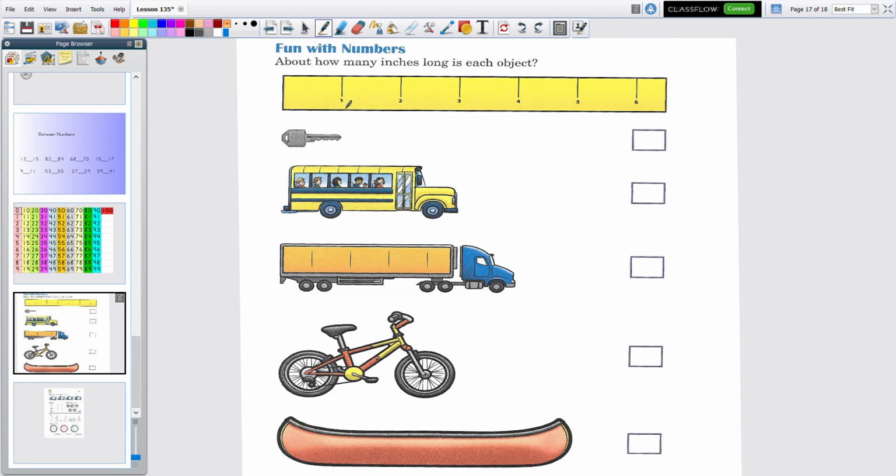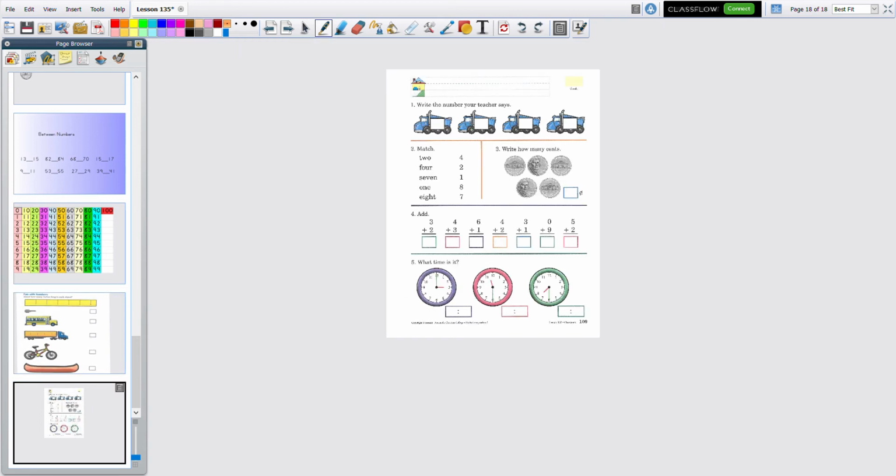If you said 1, you're right. Let's go to a long one. This is at the beginning point here. And let's go right here. If we go up, up, up, up, up, up, up, what do you think we would get to? We would get to 5. So you put the length of it in the boxes. So I think you can do that. Just kind of look. You got to make sure you go straight up whenever you do that.